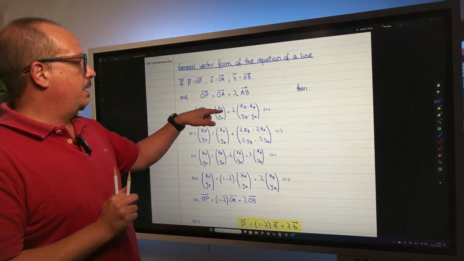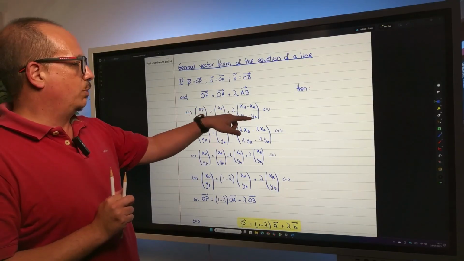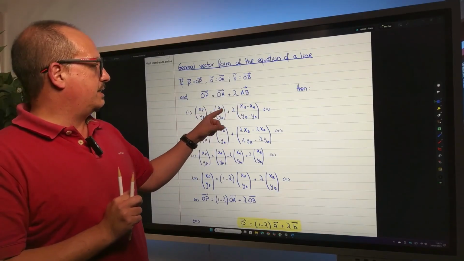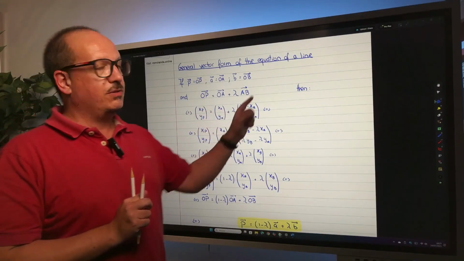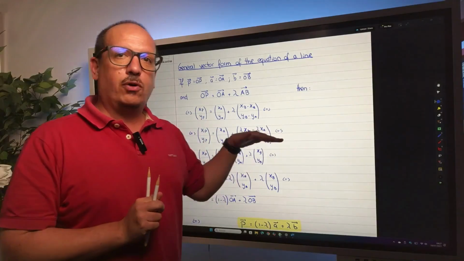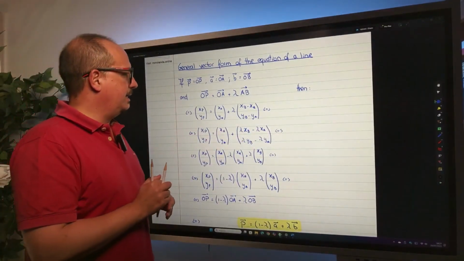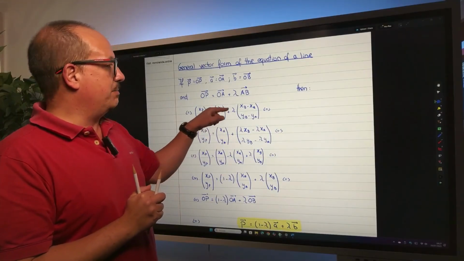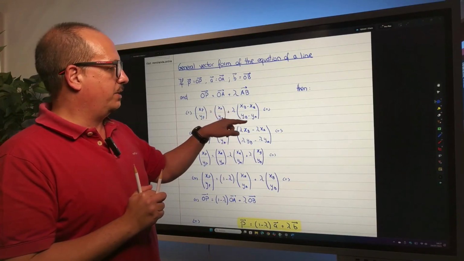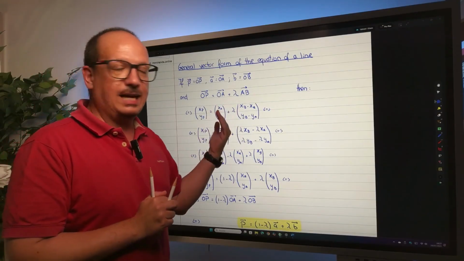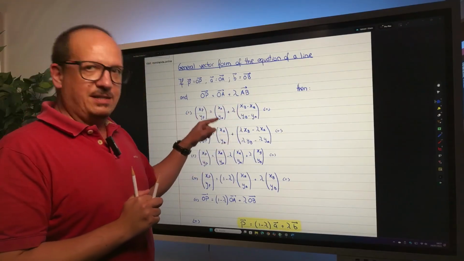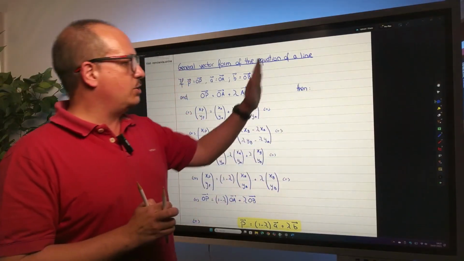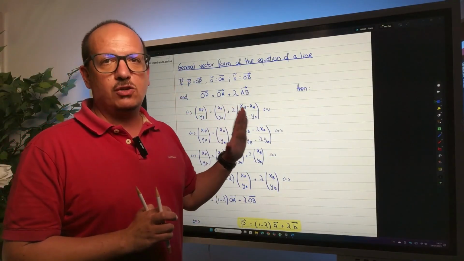Whatever this is, plus lambda 1 times whatever that is for the first line, equals whatever that is plus lambda 2 times whatever that is for the second line. And same thing for the direction in the z-axis. So whatever z is plus lambda 1 times whatever this value is for the first line equals whatever that is plus lambda 2 times whatever that is for the second line. In other words, you have 3 simple simultaneous equations.